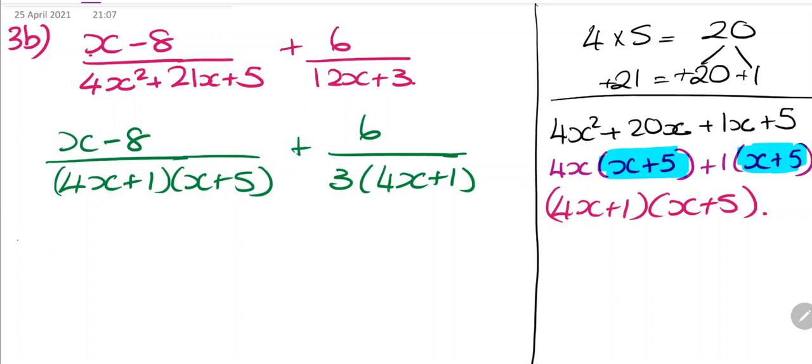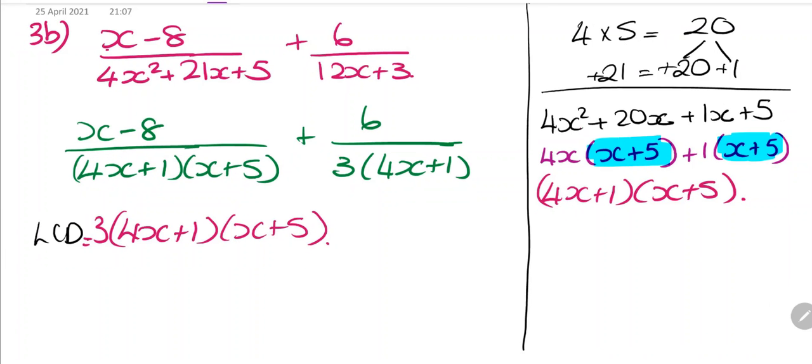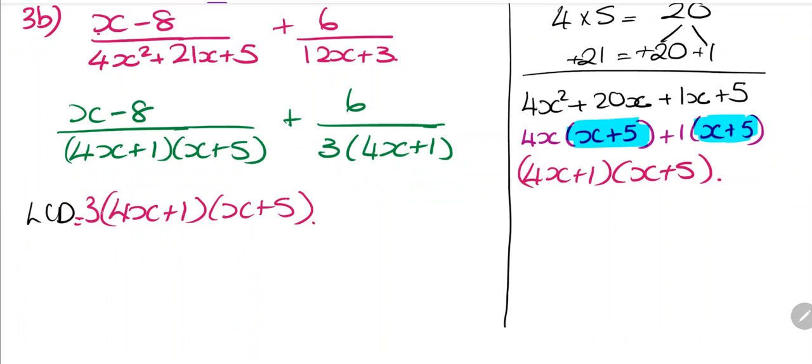So the lowest common denominator: we've got a 4x plus 1 here, so we only need 1. So we're going to have 4x plus 1, x plus 5, and we'll put a 3 there, multiplied by 3. Okay, so let's take those back away. We want to write it over this lowest common denominator.